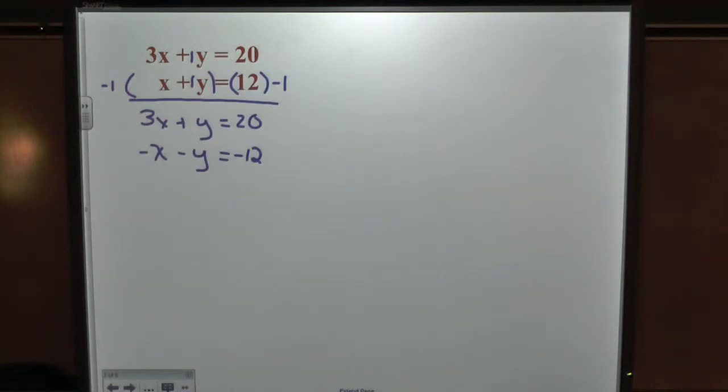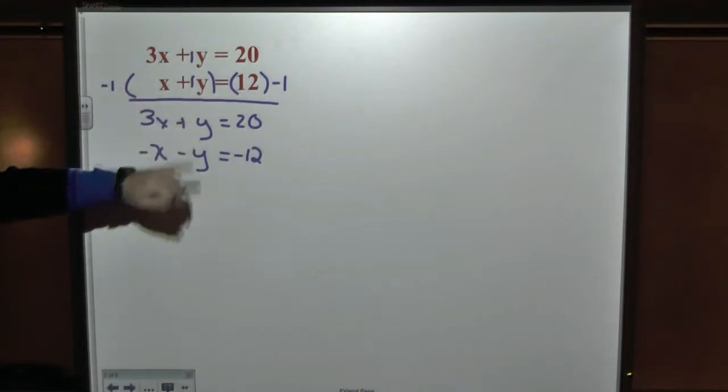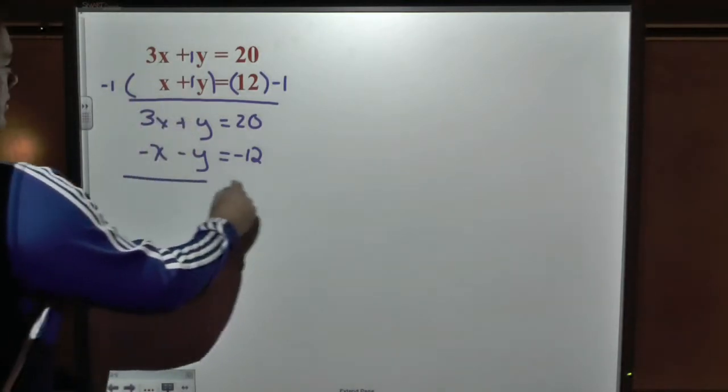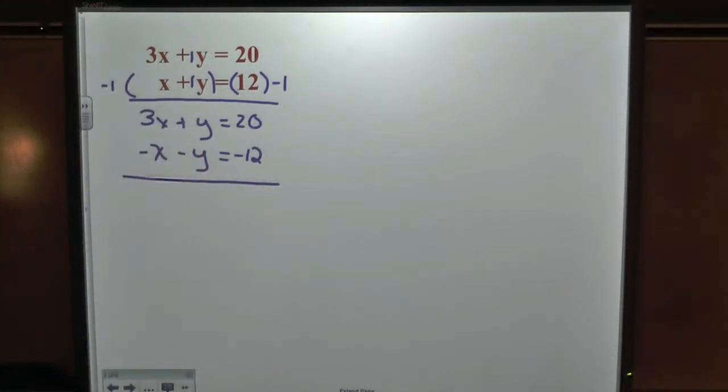The reason we're doing this: when y goes to -y, you can now add and eliminate a variable. We use the second equation to make it easier. You could multiply the first equation by -1 and still get the right answer; it just ends up being easier multiplying the second one.